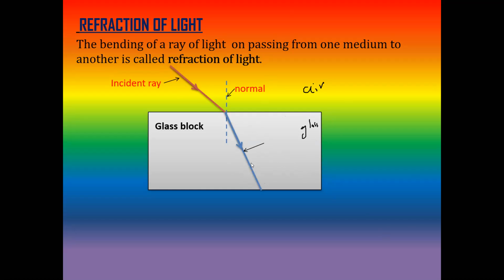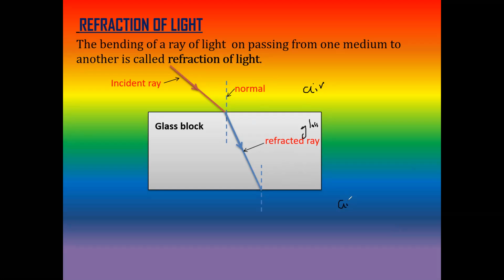The light which is refracted, the light which bends or slows down, is known as the refracted ray. And this phenomenon of light changing speed traveling from one medium to another, whether moving from air to glass, glass to water, or air to water, this property of light is known as refraction. And same thing, the light is in glass, we draw a normal again, moving from glass back to air.